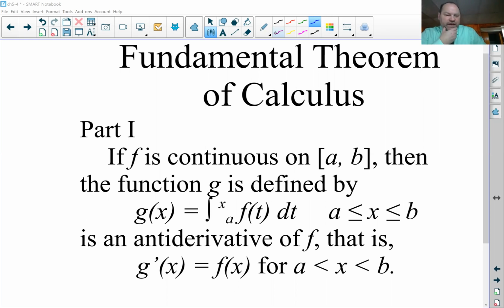So g is the antiderivative of f. That means that if I take the derivative of g, I get f for any values from a to b.